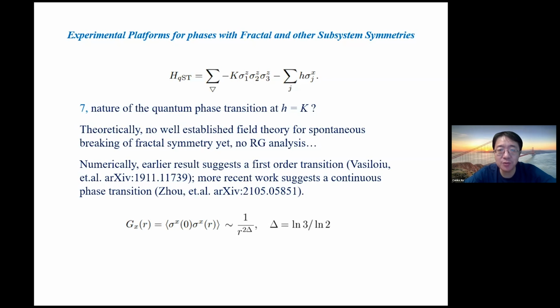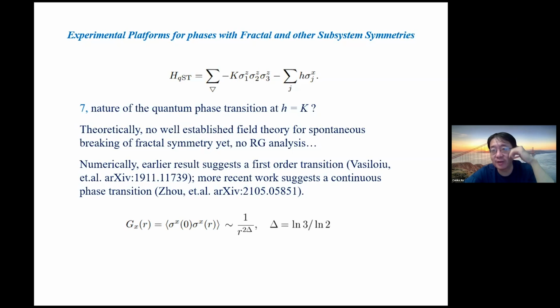Suppose this is indeed a continuous phase transition. I think numerical experts will have to look at this more carefully and really pin down the nature of the phase transition. But suppose it is a second order phase transition, it's going to be very interesting.